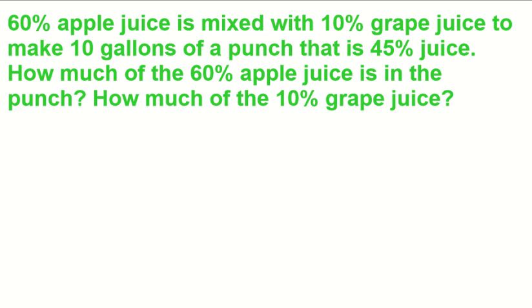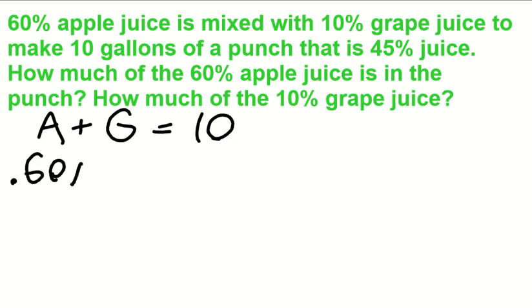A lot of similar mistakes with your equations. All right, so we got apple juice, grape juice. I'll use A and G. So first equation, the apple juice plus the grape juice, we're making 10 gallons. Second equation, apple juice is going to be 60%.